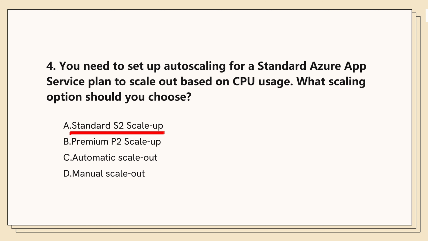This option only increases resources for a single instance, not the number of instances, so it doesn't effectively handle large increases in demand. Like standard S2, this only increases resources for a single instance and doesn't add more instances when demand spikes.